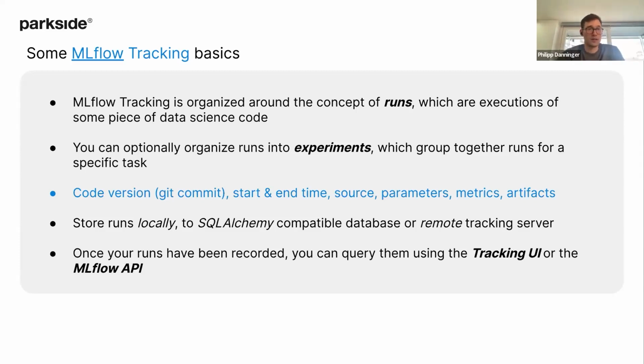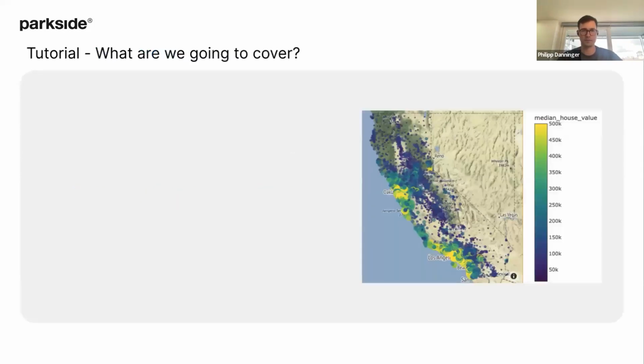So these are the basics to MLflow and the lifecycle itself. With that in mind, I would quickly present the tutorial that I have prepared for today. So maybe some of you have already created this kind of plot yourself. It is the very famous prediction of the California house prices.